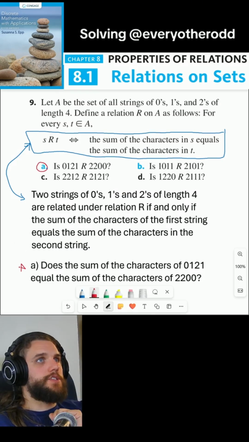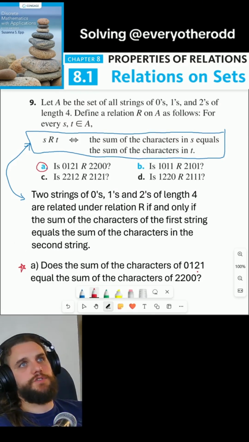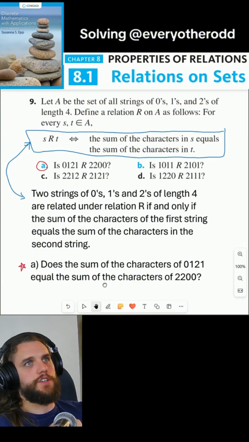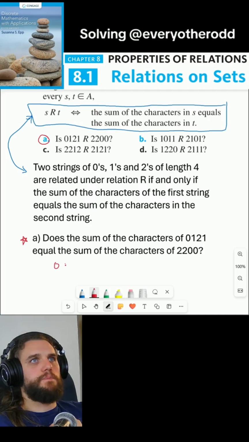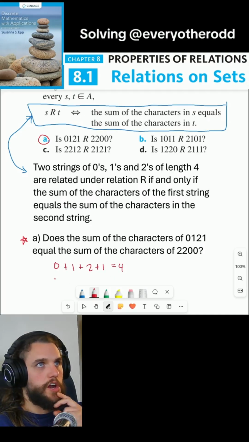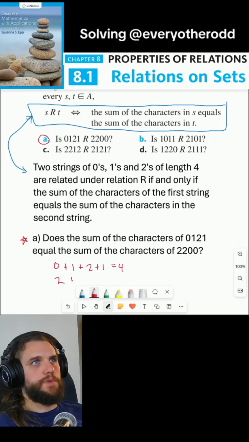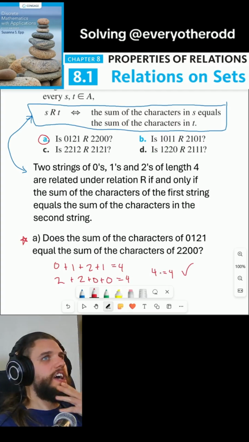So that's what this question is asking. Well, 0 plus 1 plus 2 plus 1 is 4, and 2 plus 2 plus 0 plus 0 is also 4, and 4 equals 4. So the answer is yes.